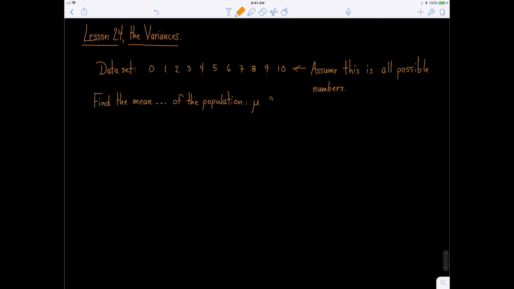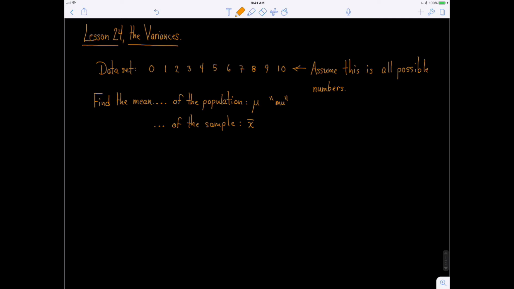It's the Greek letter mu. And if I say find the mean of the sample, then we're going to be finding x bar, which is the notation we have been using.